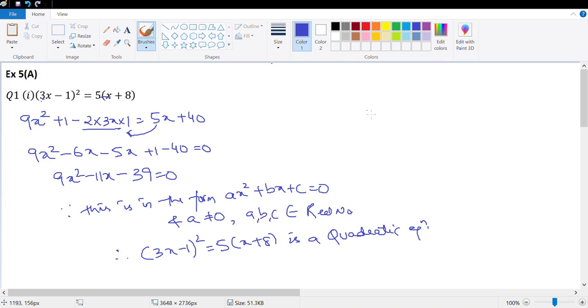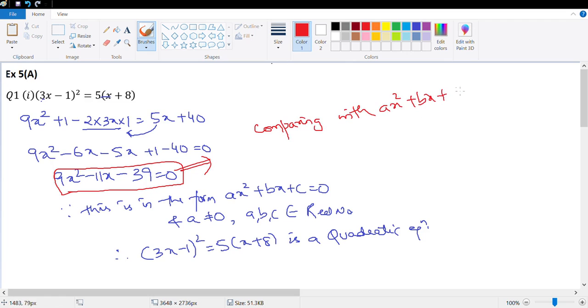You will never get a question like this in your exam. But anyway, let's try and compare this and see what would be the value of a, b and c. So comparing with ax squared plus bx plus c is equal to 0, we get a is equal to 9, b is equal to negative 11, and c is equal to negative 39. Right? Just identifying what's the value of a, b, and c in this particular question.